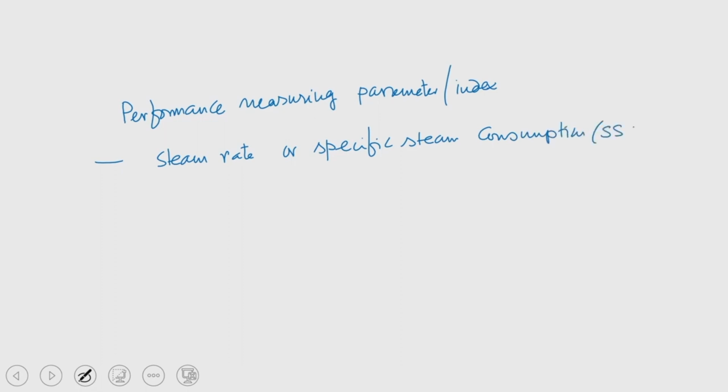That is SSC, specific steam consumption. What is that? Steam rate or specific steam consumption is one important index which is used for the comparison of the performance of the steam power plant.